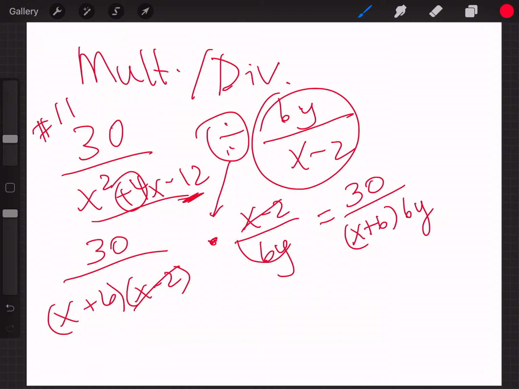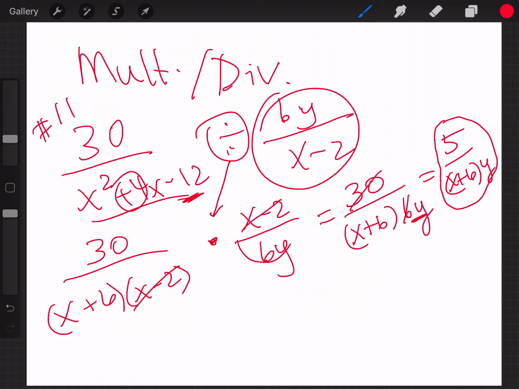That is okay, but since this is not combined with a plus sign, that means the 6 can actually reduce into the 30, and the final answer really should have been 5 over x plus 6, and then either stick the y in front or in the back. So that's really what your answer should have been.